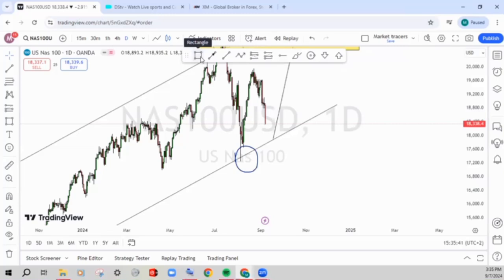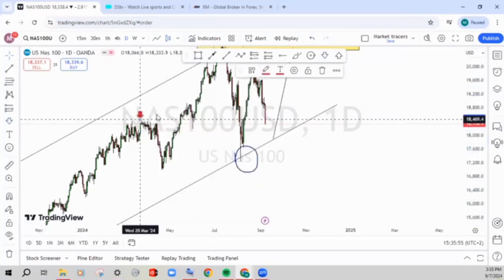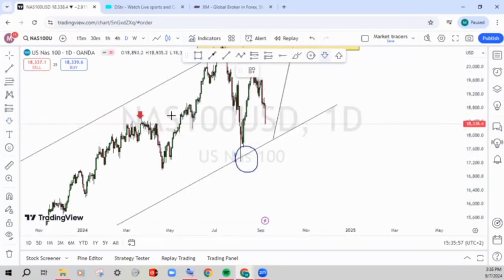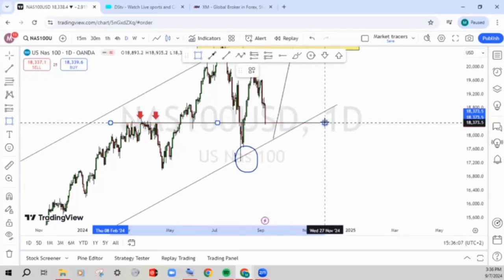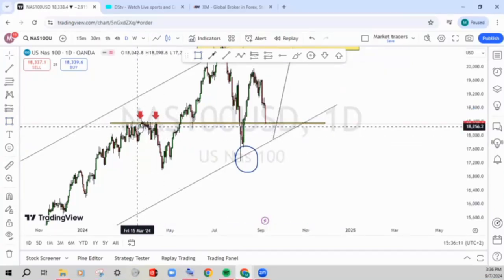The other thing you need to know about NASDAQ is that what it did previously, it can also do in the future. So once NASDAQ prints you a level or a zone, mark that zone, because it always comes and respects that zone, guys. If you take a look right around this level, we can see that the market has been rejecting here.